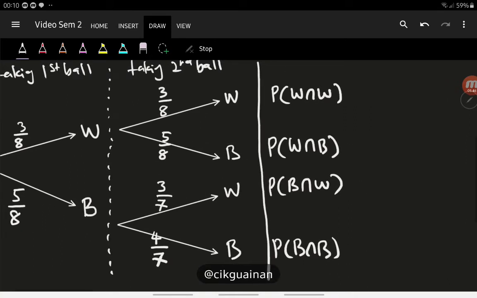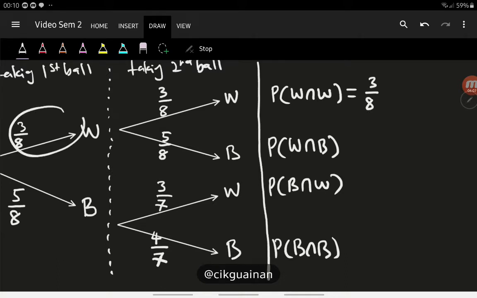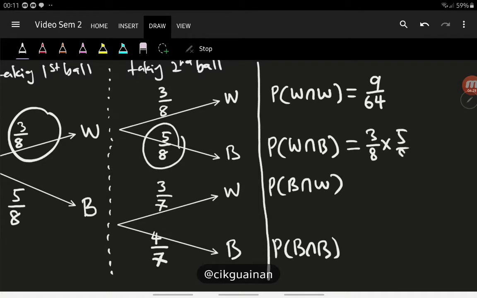The sign here is intersect, which means this and this happen at the same time, so we must multiply the probabilities. 3 over 8 multiplied by 3 over 8 gives 9 over 64. The next one, 3 over 8 multiplied by 5 over 8, becomes 15 over 64.